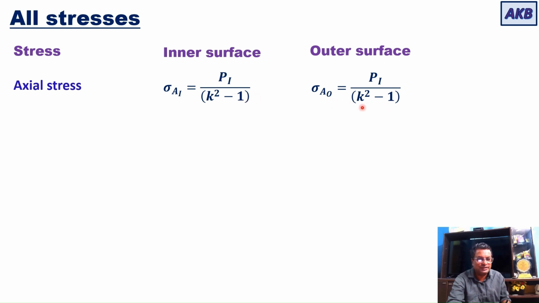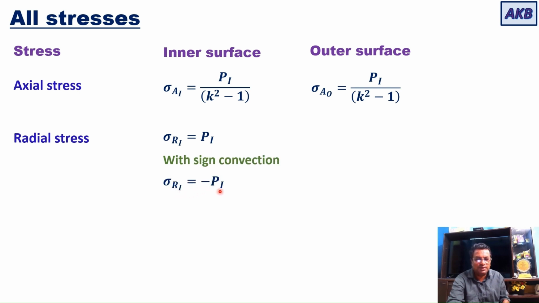So it is constant. It is not changing with thickness. Then radial stress at the inner surface, sigma Ri is equal to Pi, the internal pressure, and with sign convention, sigma Ri is equal to minus Pi, because radial stress is compressive. At the outer surface, sigma Ro is 0. Radial stress at the outer surface is 0.